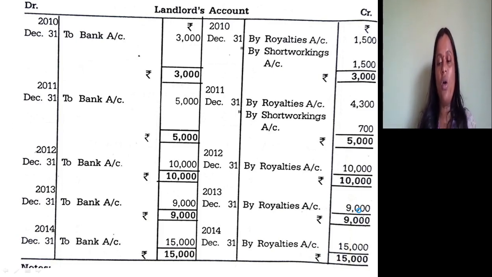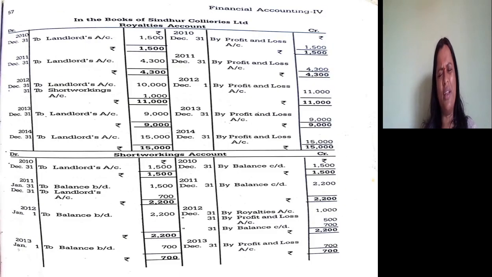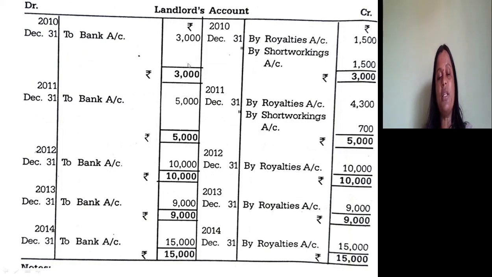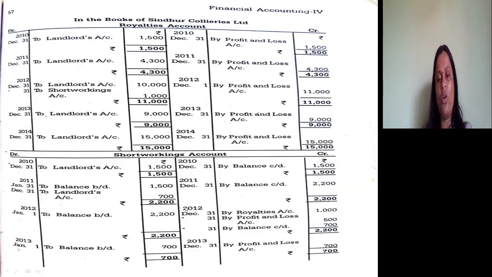In short working account as well as in royalty account. You just look at the royalty account. Royalty account debit to landlord account 9,000 rupees. Then this royalty should be closed by transferring it to profit and loss account. After that, payment: landlord account debit to bank account 9,000. So landlord account gets closed, and royalty account is closed by transfer to profit and loss account.